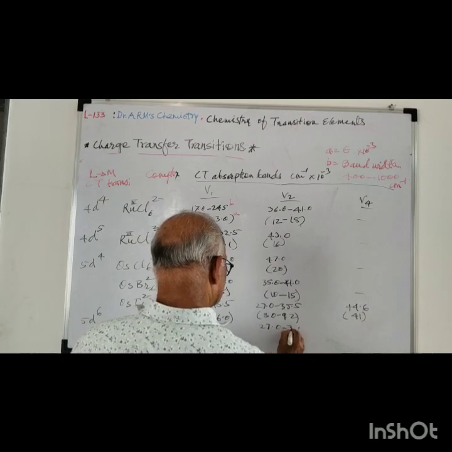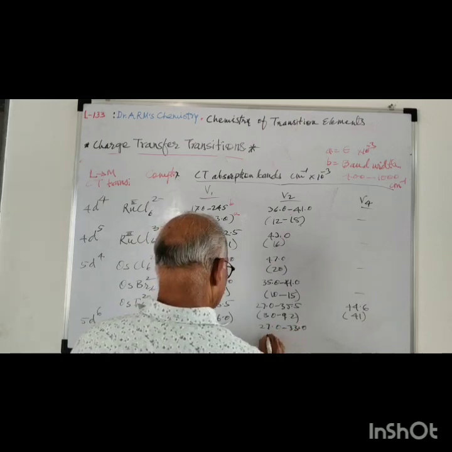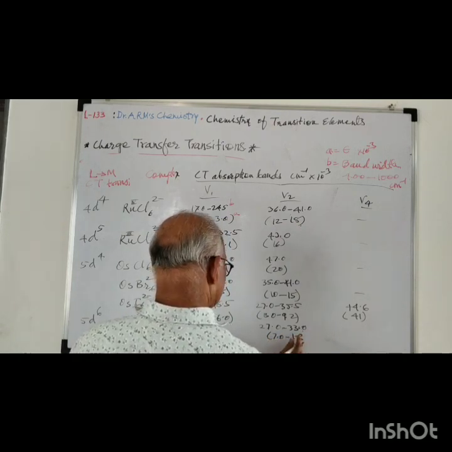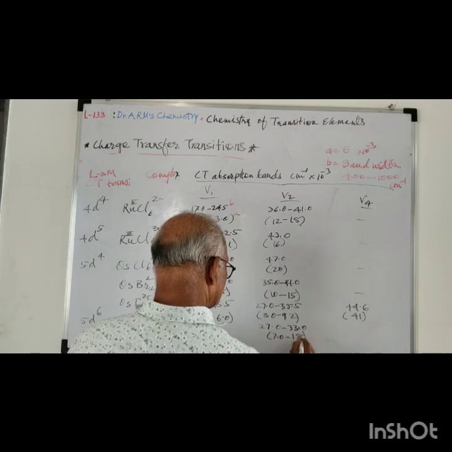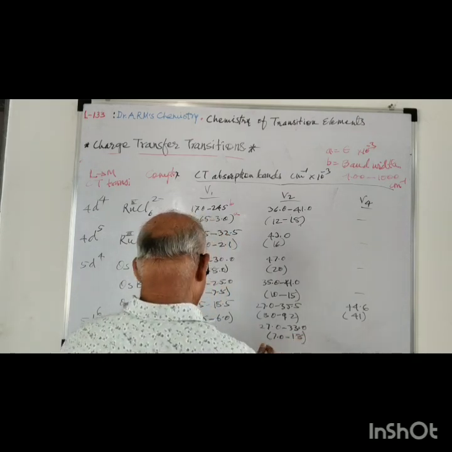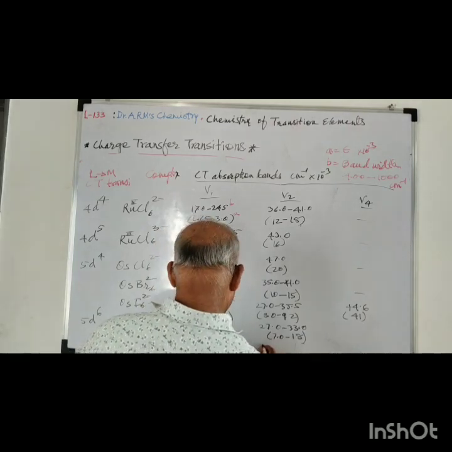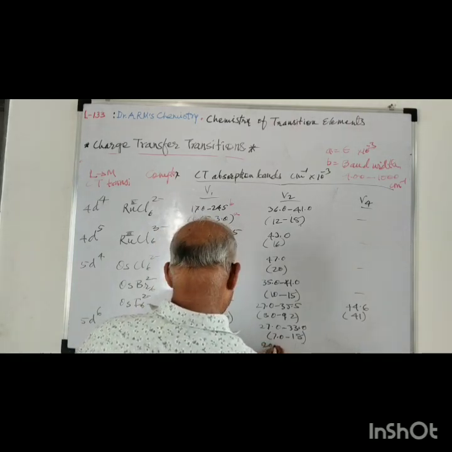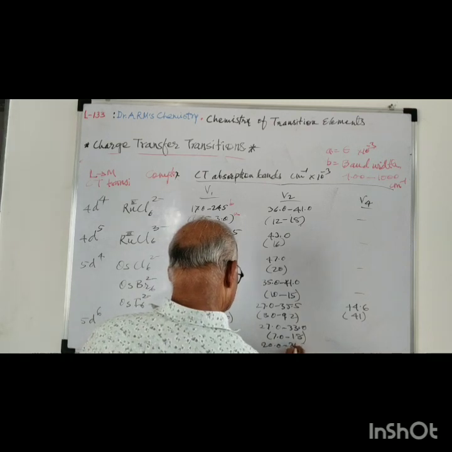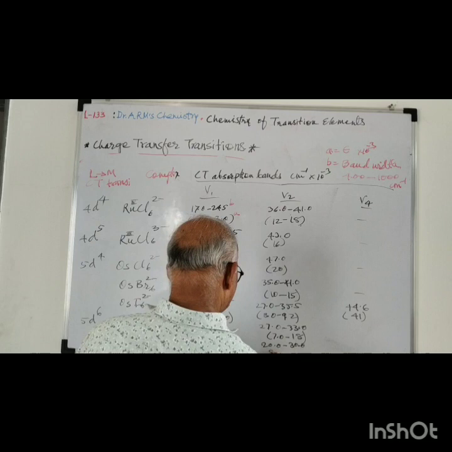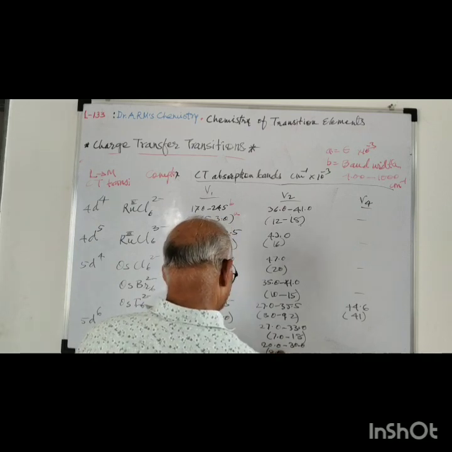The value is 27.0 to 33.2 and 7.0 to 18, and another value for PtI6 is 20.0 to 30.0 and 8.0 to 13.